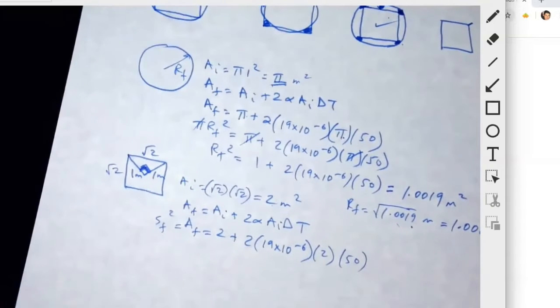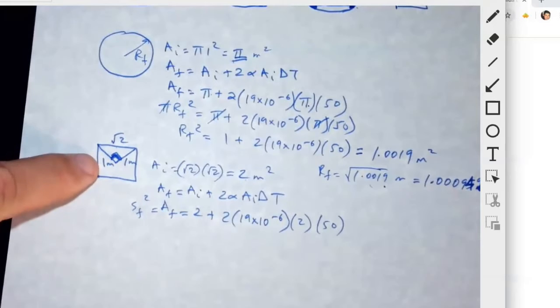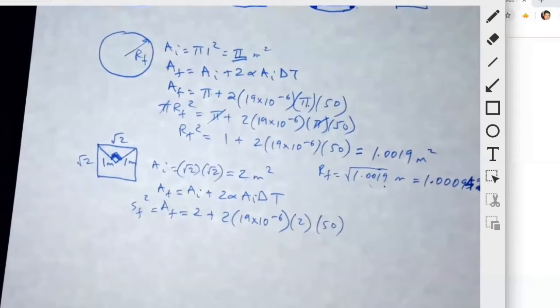So here there is no pi to cancel like in the other case. I'm just going to set the final area, because since it's a square, it's going to maintain its shape and end up as a square.